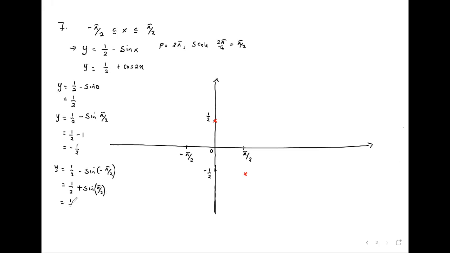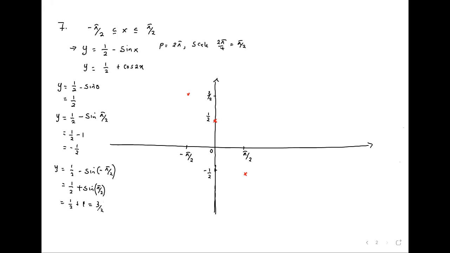So we have half plus 1, giving us 3 over 2. So we have 3 over 2 as a point there. So 3 over 2 there. Okay.